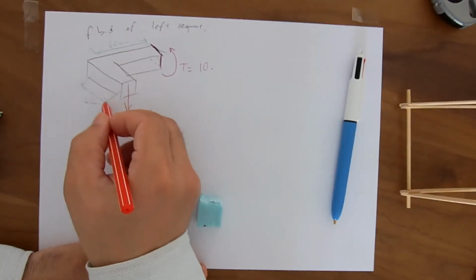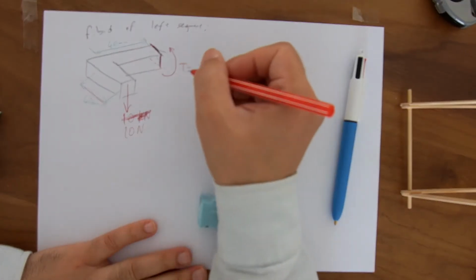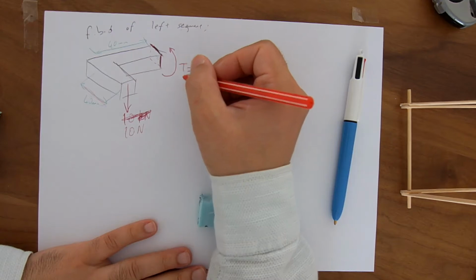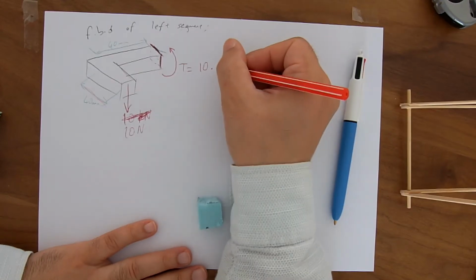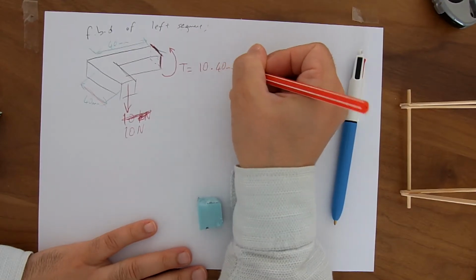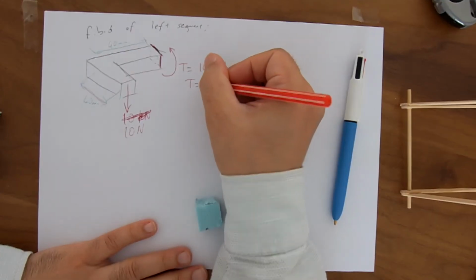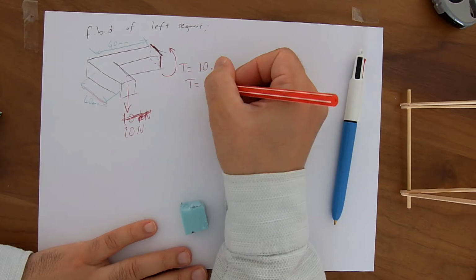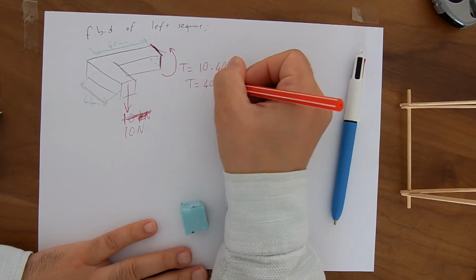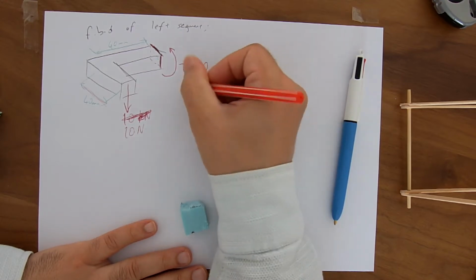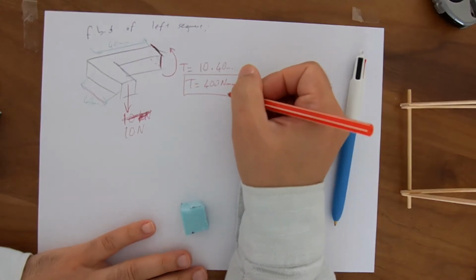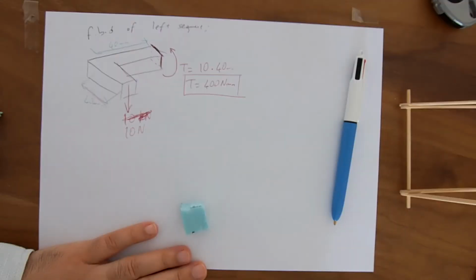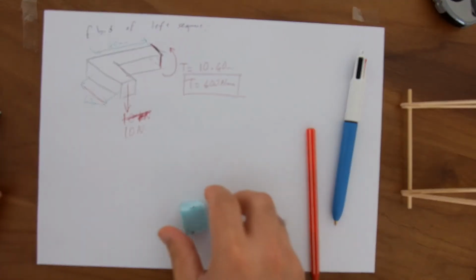This one, 40 millimeter, is the force arm that causes the reactional torsion, 40 millimeter. Therefore, the internal T is 400 Newton millimeters. So we have found one of the internal loadings at the section. What else is there?